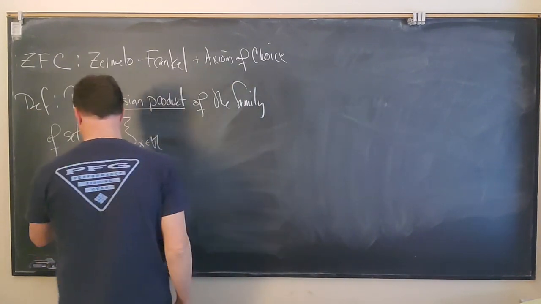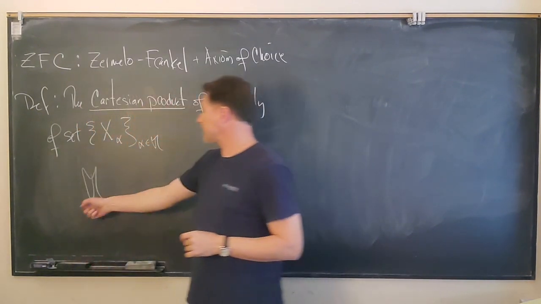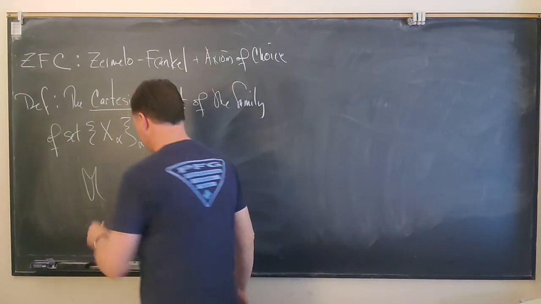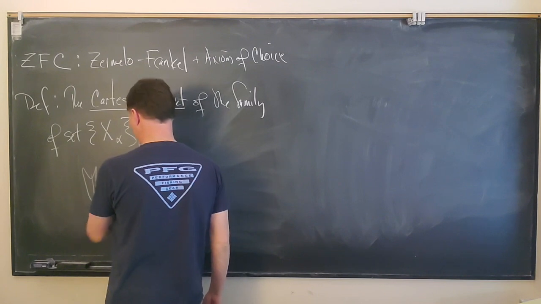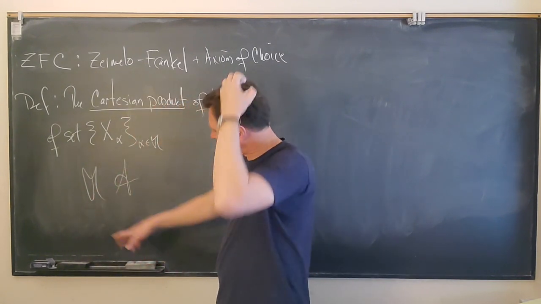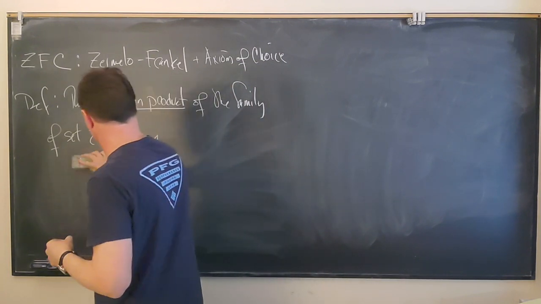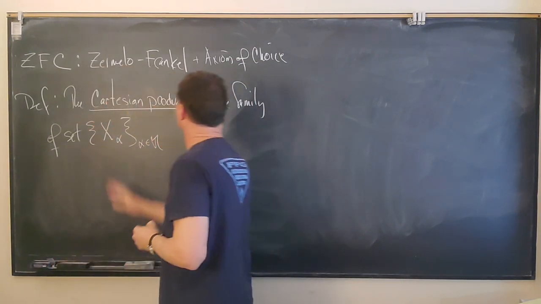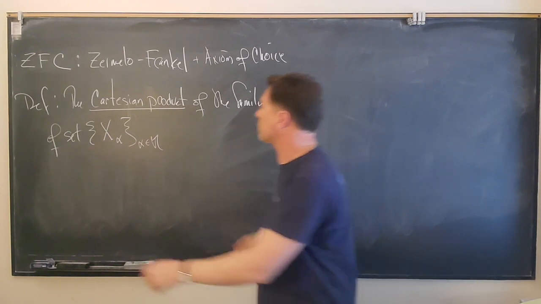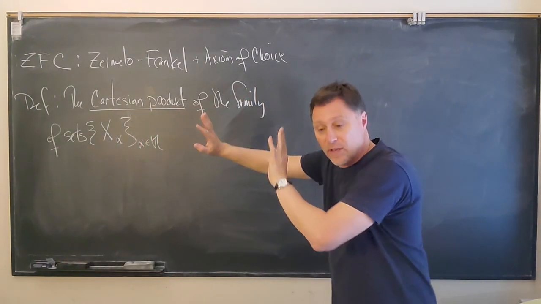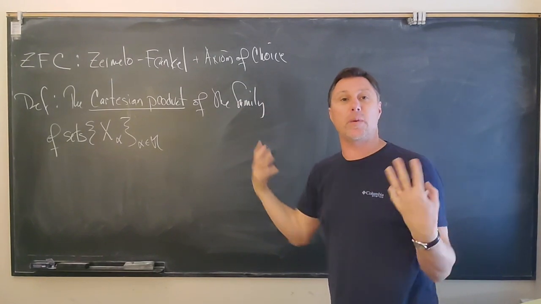I know this drives students nuts, but I like to do it. So practice that one for a second. Or if you want, use this one, I think you can do that script A if you prefer. But this one looks cooler, so you should use that one. Okay, so I'm working on a definition here. So the Cartesian product of the family of sets X sub alpha.